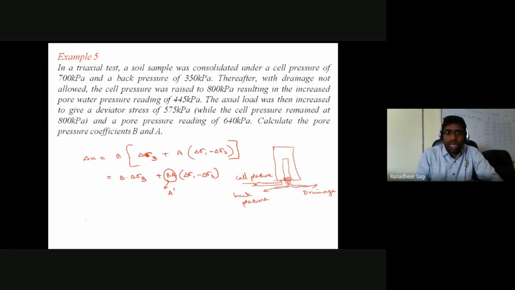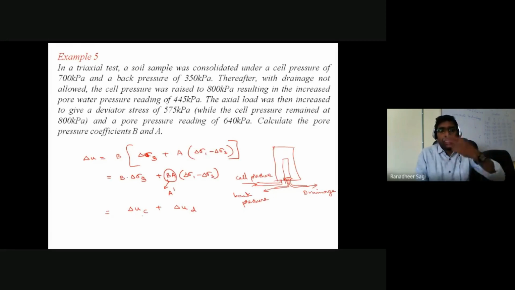To calculate these parameters, I am going to rewrite it according to my understanding. B into delta sigma 3 is what we have called the change in pore water pressure because of the applied confining pressure, plus the second term, which is the increase in pore water pressure because of the applied deviatoric stress.